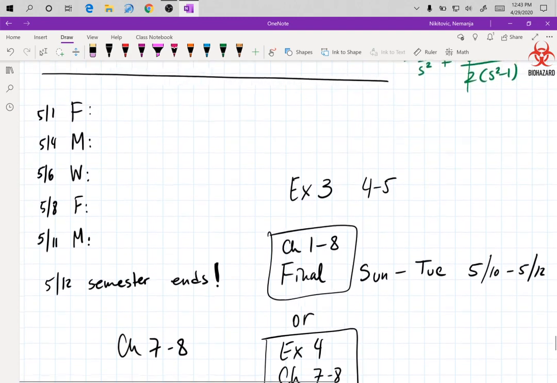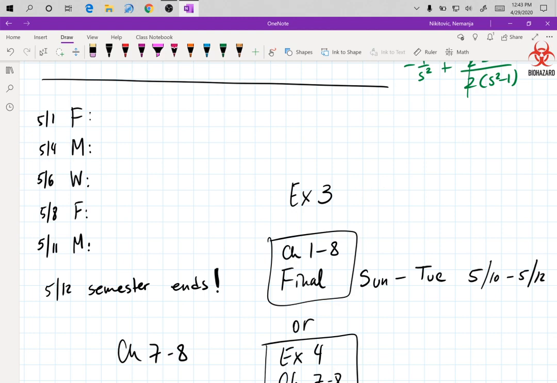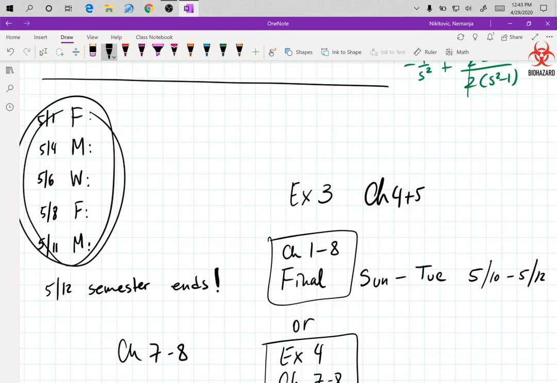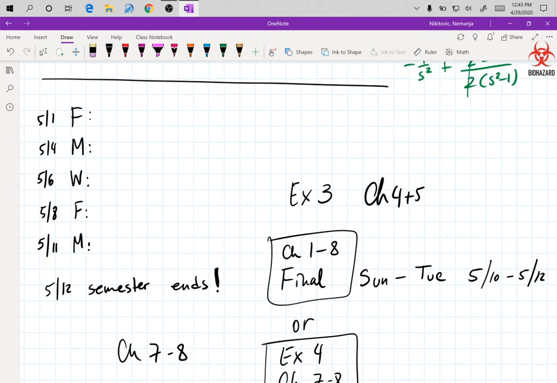Now, exam 3 on chapters 4 and 5 needs to happen sometime. So the question is when. We can do, again, the Sunday, Tuesday deal.